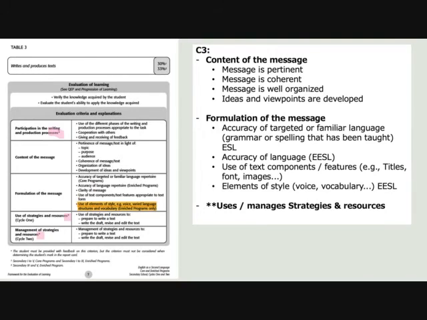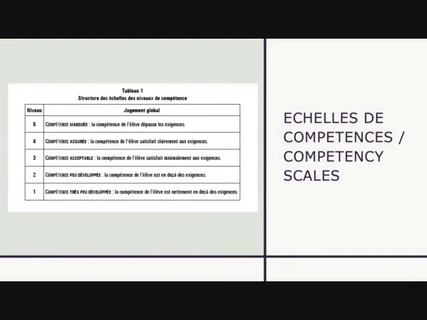And now we're going to turn and look at the échelle de compétences, so the competency scales, which really describe what an A or a B or a C or a D or an E would look like. Now, just to note that the ministry doesn't use A's, B's, C's and D's or letters and number grades. Well, they use kind of levels. So this is what they call compétences marquées, assurées, acceptables, peu développées, and très peu développées.